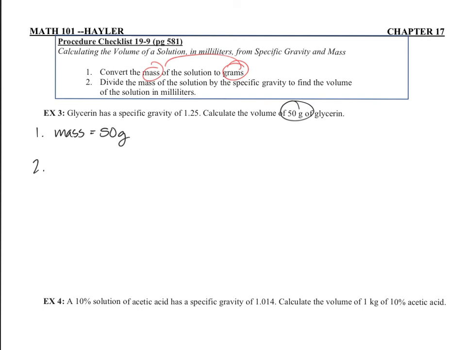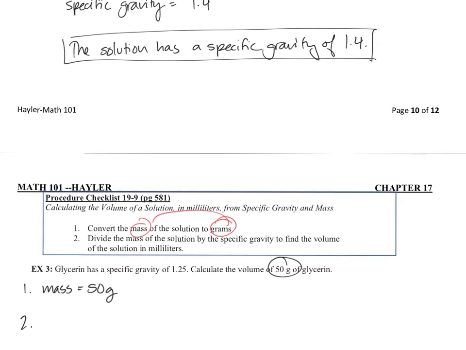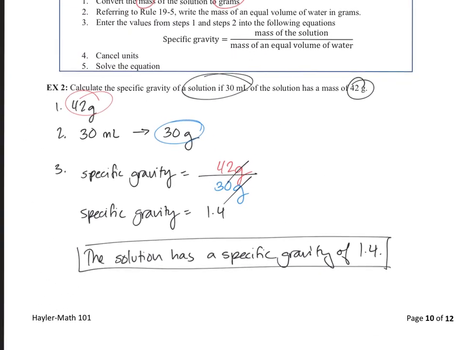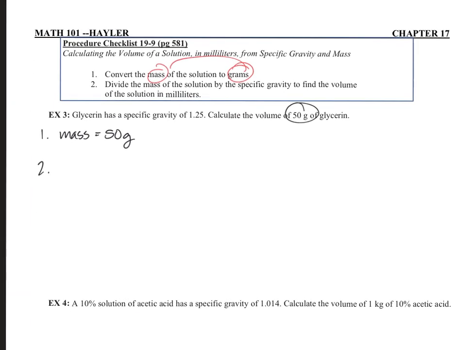In the second step, using the equation that we know, specific gravity equals mass divided by volume, and we want to solve for the volume. I can plug in the mass, which is 50 grams, and the specific gravity I'm given, 1.25. Remember, that doesn't have units.